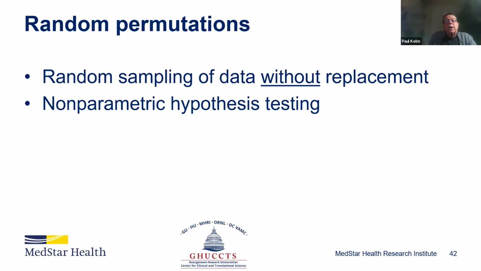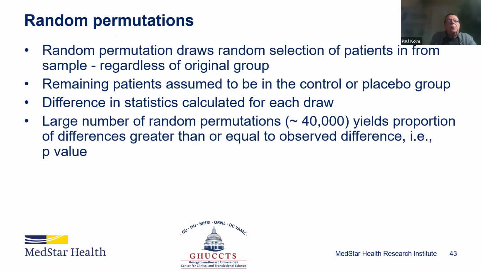And so what this is used for is basically non-parametric hypothesis testing. And so what we do is we draw a random selection of patients from our data, regardless of what treatment or therapy group they're in. And then the remaining patients that were not selected are assumed to be the control or the placebo group.